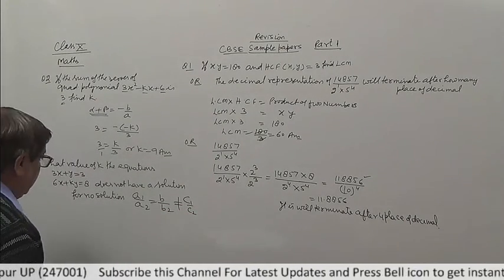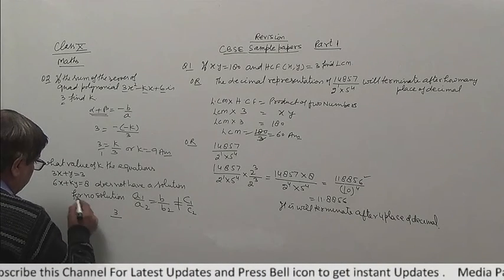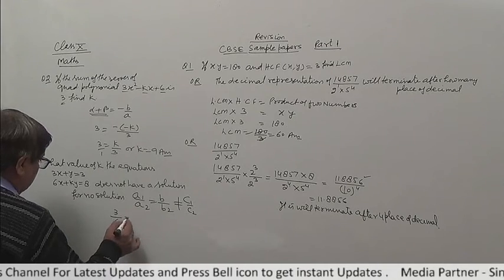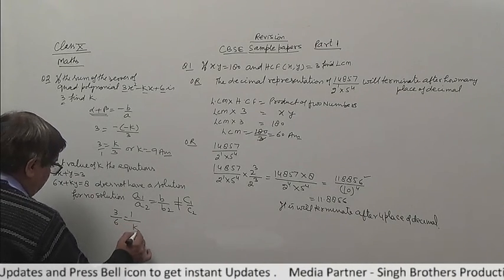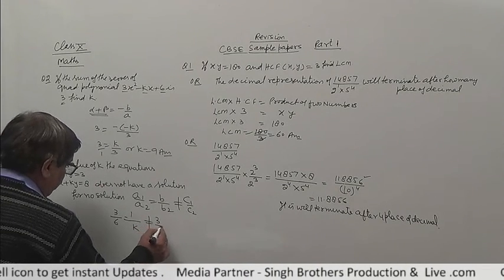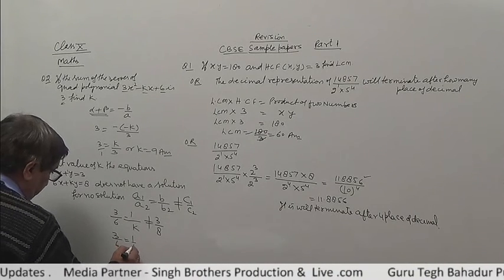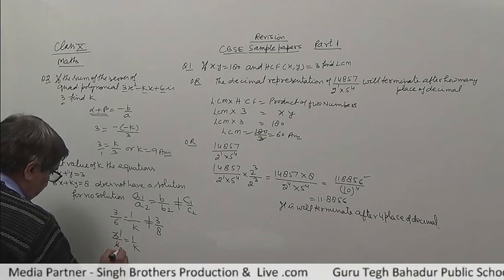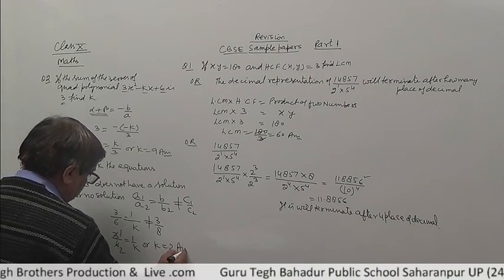So putting the values, a1 is 3, a2 is 6, b1 is 1, b2 is k, not equal to 3 upon 8. So 3 upon 6 is equal to 1 upon k, 3 ones are 3, 3 twos are 6. So k is equal to 2 is the answer.